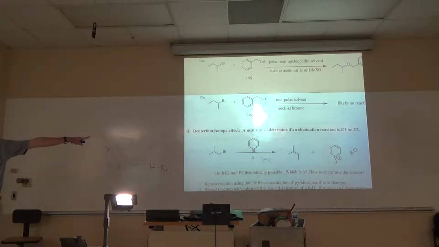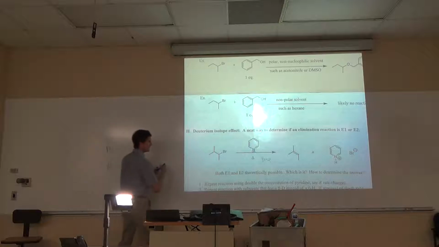Can this alkyl bromide do E1? Which would involve forming what? Yeah, can that make a carbocation? Yeah. So it can do E1. If it made the carbocation, wouldn't it go to the tertiary carbon?